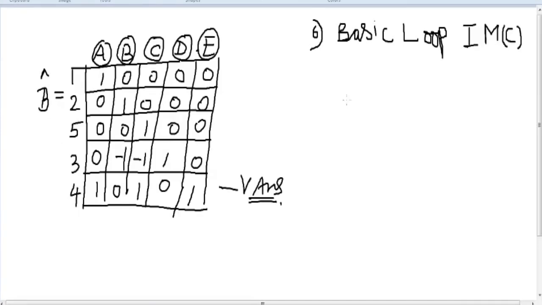For this, we need to draw the graph once again.